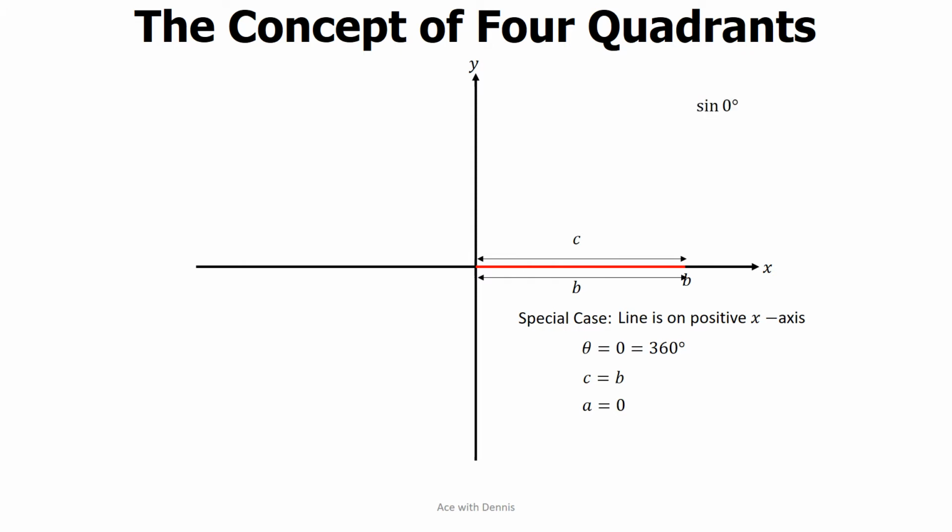So sine 0 equals A over C, which is 0 over C, and sine 0 is 0. For cosine 0 degrees, it is B over C. Since B and C are equal, it will be B over B, which is 1. For tangent 0 degrees, it is A over B. A is 0, so it will be 0 over B, and tangent 0 is 0.